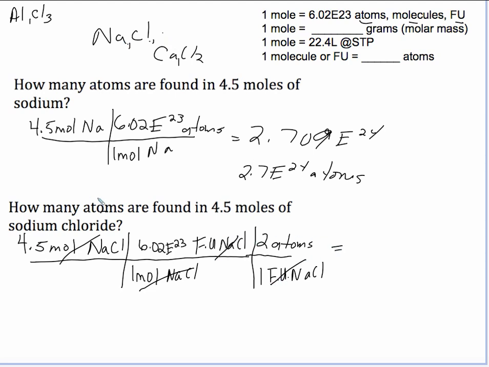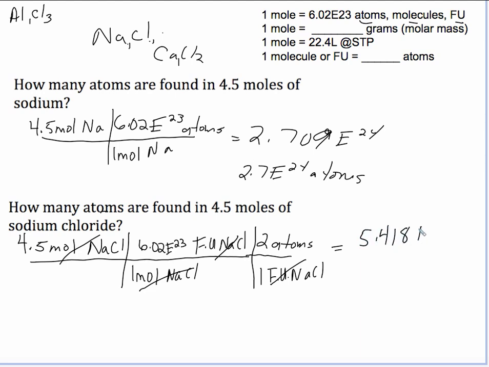Now we know we're done with the problem because we're trying to get to atoms. So we take 4.5 moles, it's just 4.5 moles. Okay, so 4.5 times 6.02 e to the 23rd power, then we have to remember to multiply by 2.